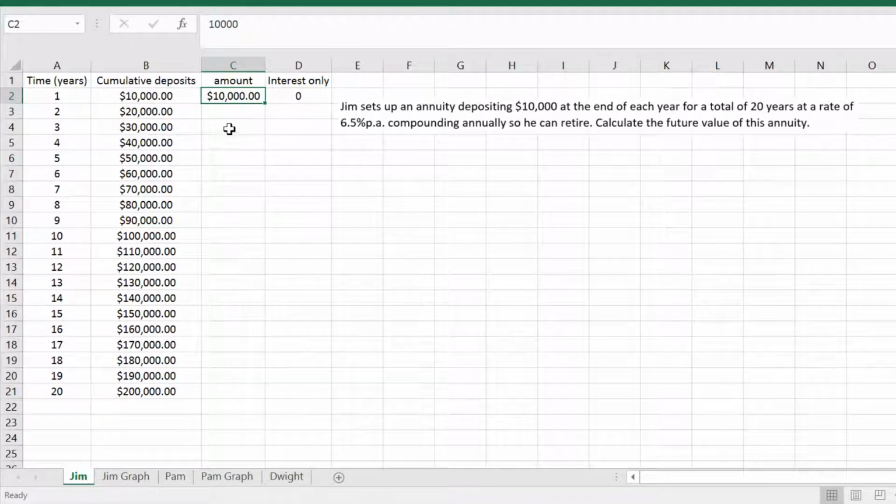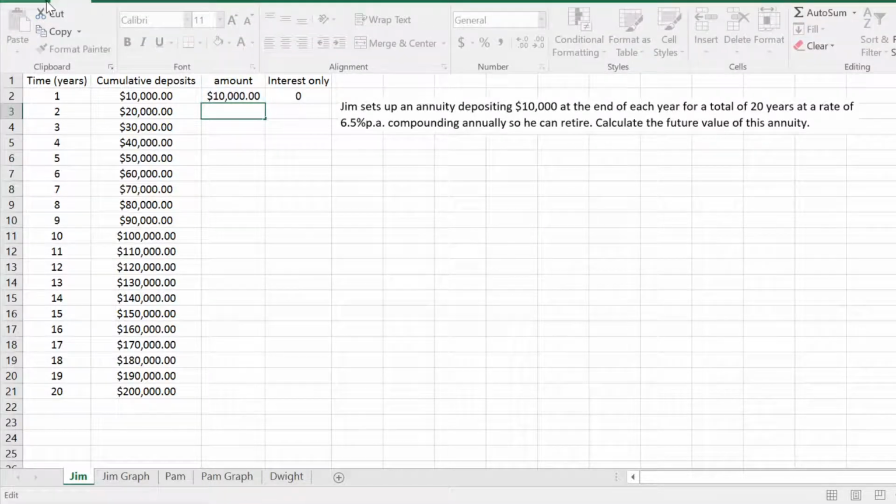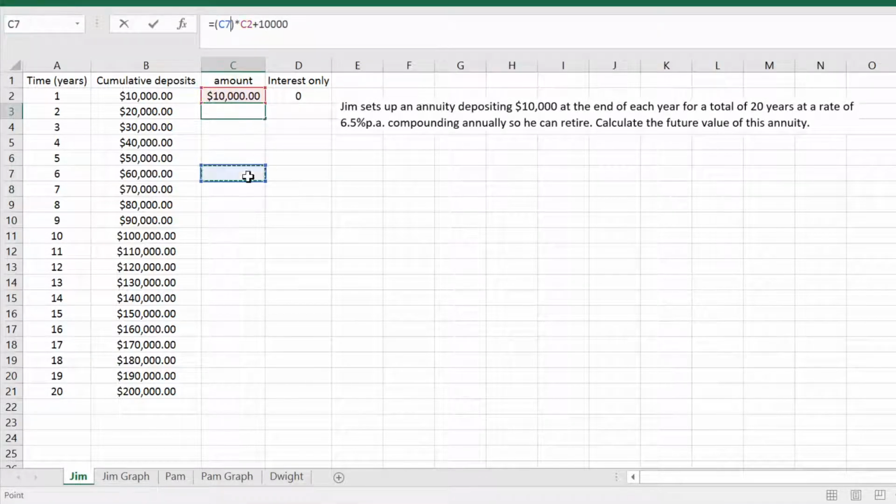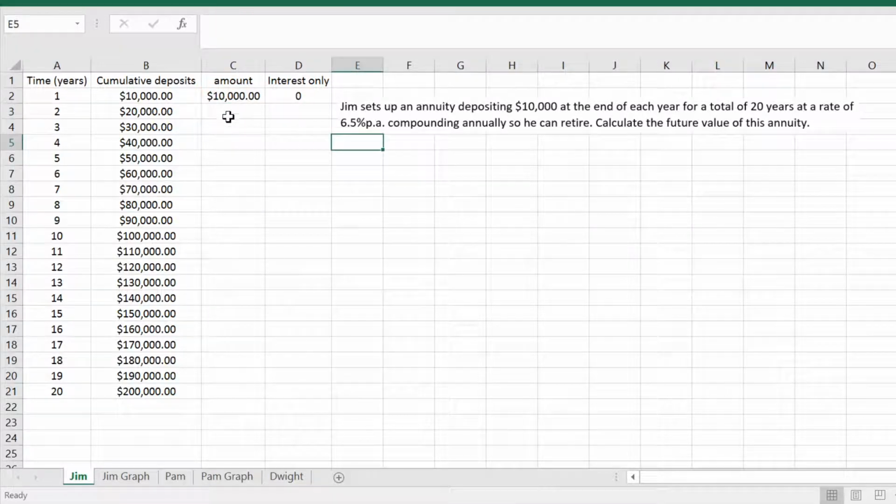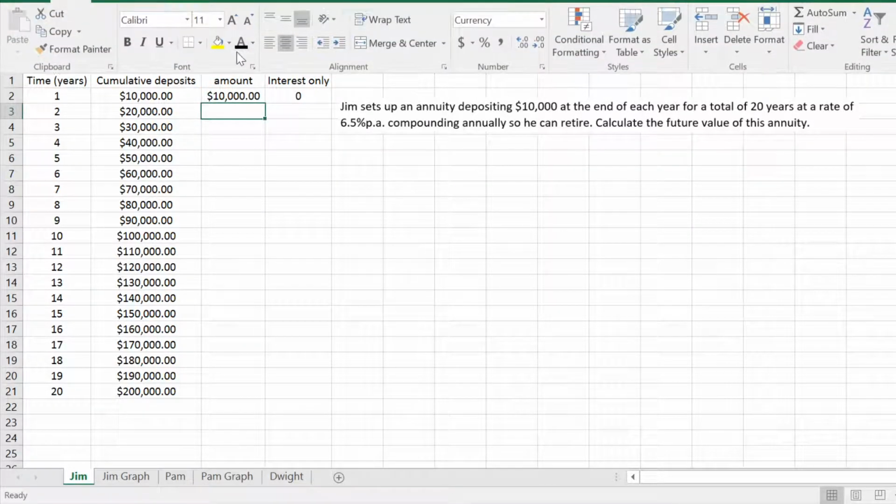Now, when we get to the end of the second year, yes, he's going to be making a deposit of $10,000, which is what we're seeing in this little section up here. But he's also earning interest, 6.5% to be exact, on the previous amount. So what that's going to do is give us a little bit more than $20,000.